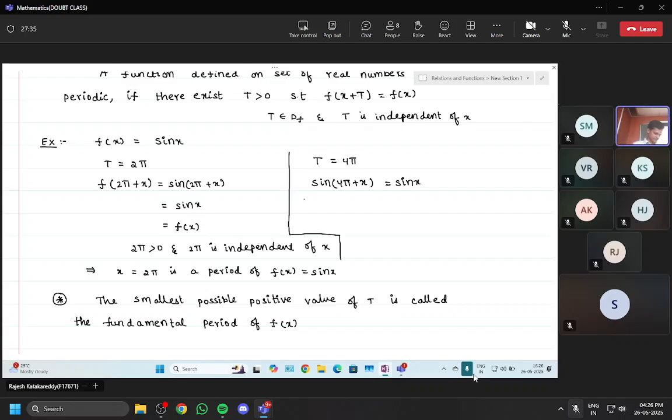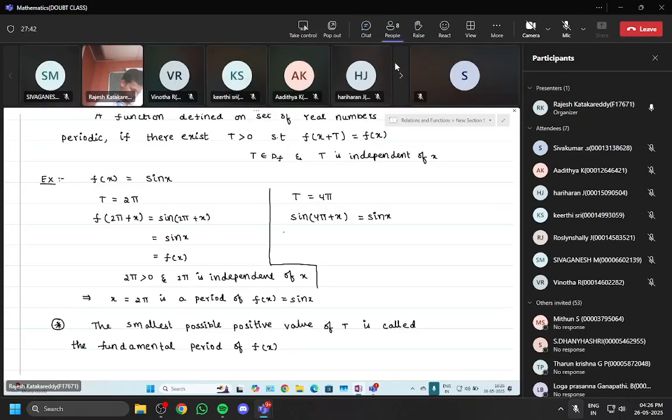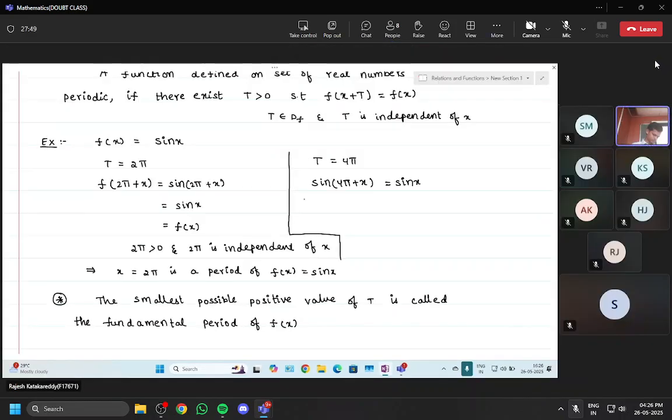Srinivasa and Venkatesh are here. What happened? Copied.